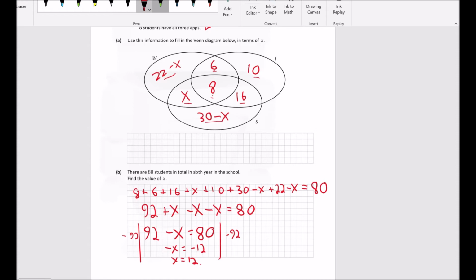Okay, now we're not asked to do it, but let's do it anyway, just to fill out this Venn diagram properly. But we're not asked, so we would leave it like this in the exam. But it says X is 12. Okay, well, let's deal with this first. If X is 12, 22 minus 12 is 10.